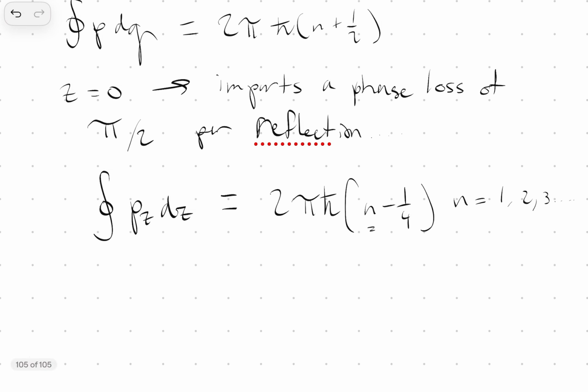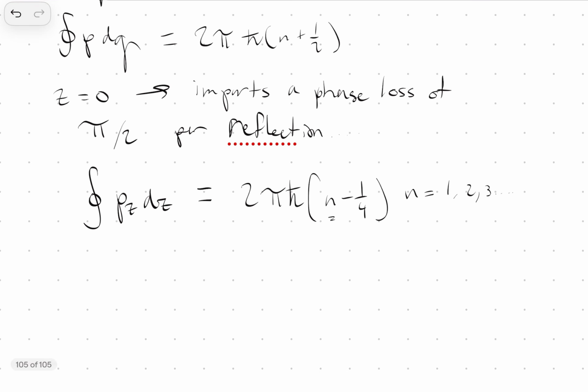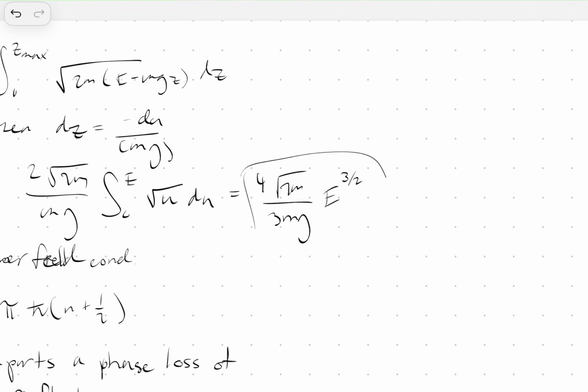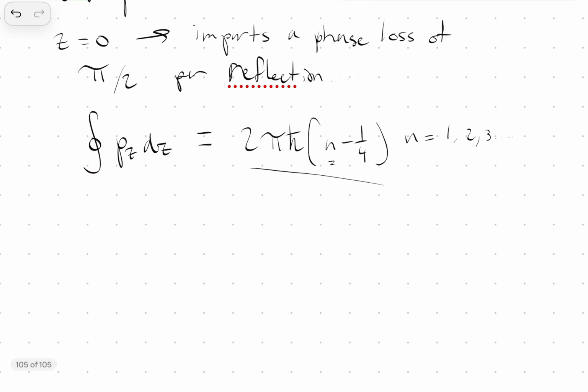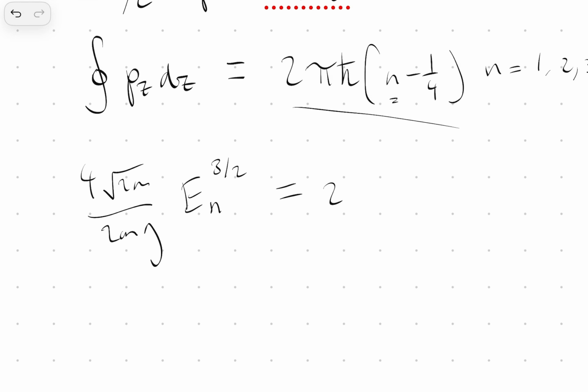Therefore, if we want to equate the classical action to the quantized action, so this is the quantized action here, and this is the classical action, we can just set the results equal to each other, because the classical and the quantum are equal to each other in this particular model.